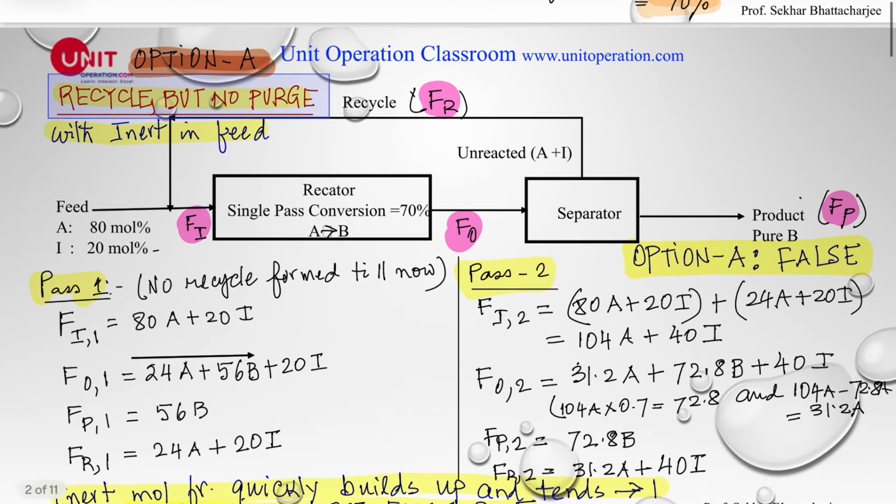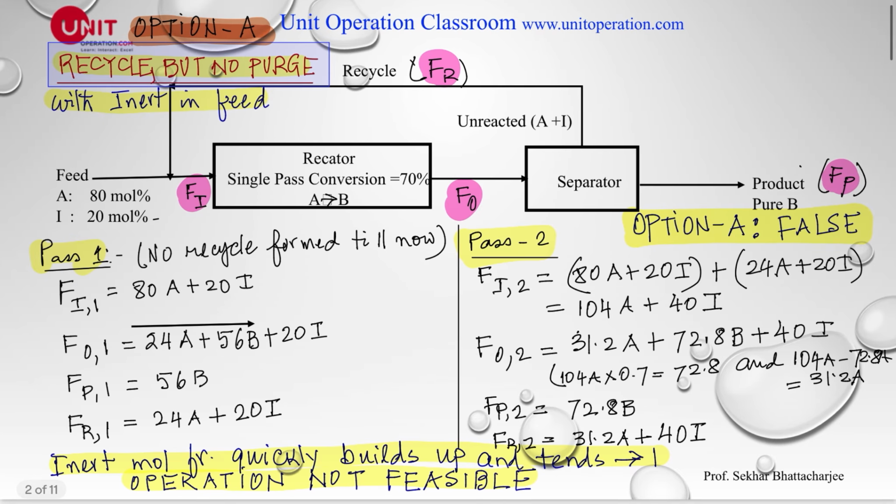Okay, now let us see when there is a recycle, but there is no purge in the system. So let's say this is the same reactor here. The feed is the same, 100 moles coming in, 80 moles of the reactant A and 20 moles of the inert going to the reactor.